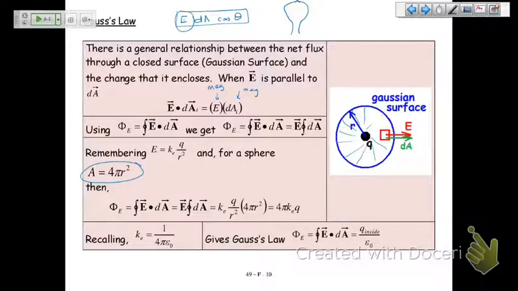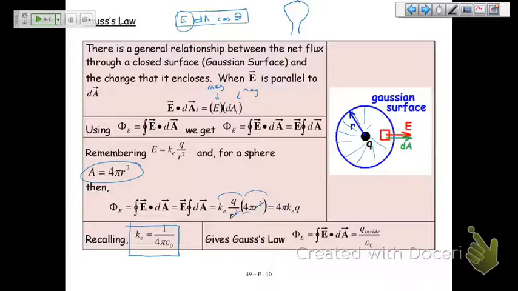We learned that last time. Shove them in. So the flux is equal to the surface integral of E dot dA, which equals E times the integral of dA, which equals k_e Q over r squared, my E bit, multiplied by my total area A. And that equals 4 pi k_e Q. The r squareds cancel. And then tradition has it that we recall from the first chapter that k_e is equal to 1 over 4 pi epsilon naught.